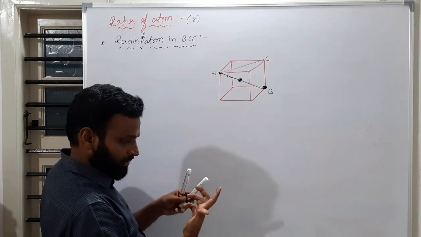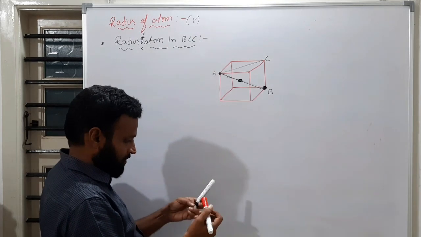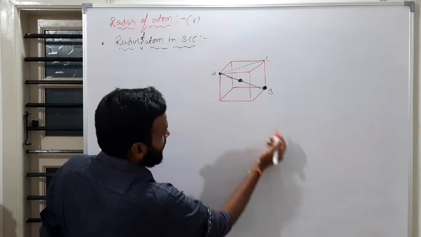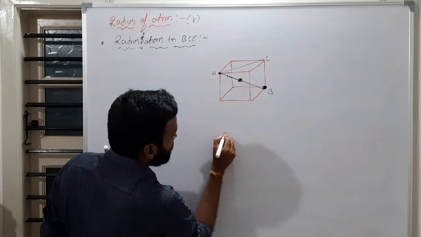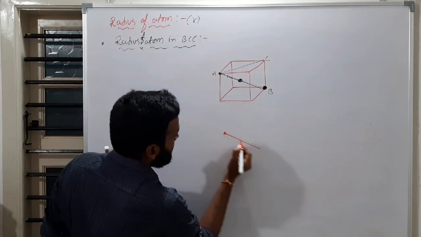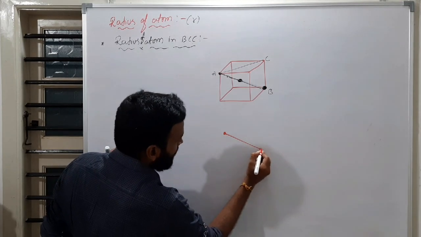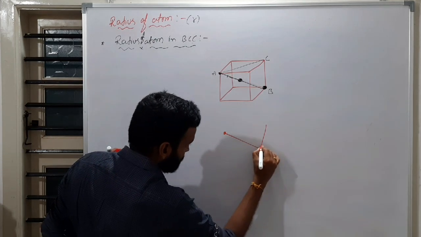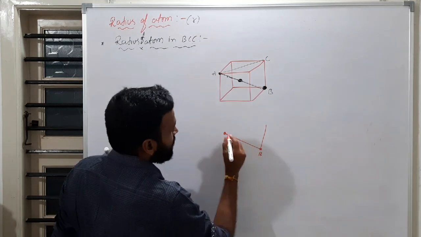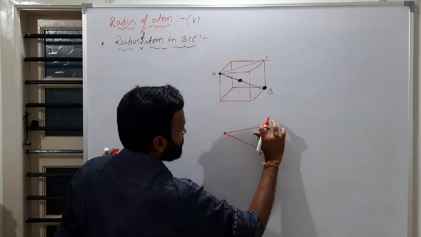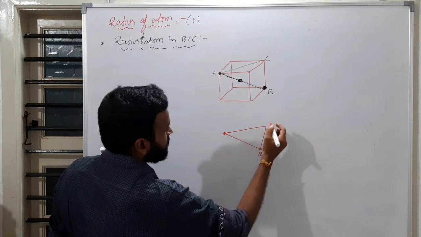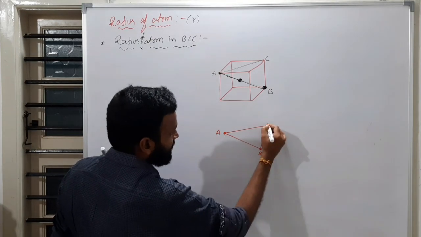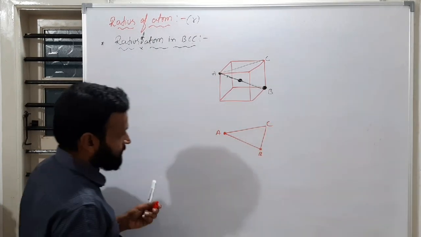So you have 3. So A, and here you have B, and here you have C like this.